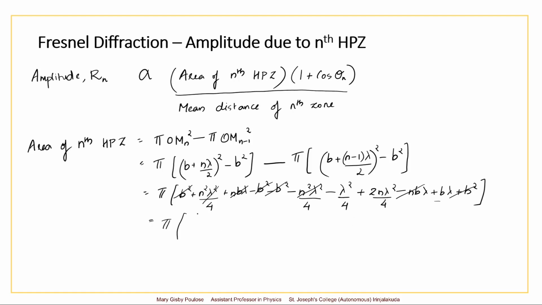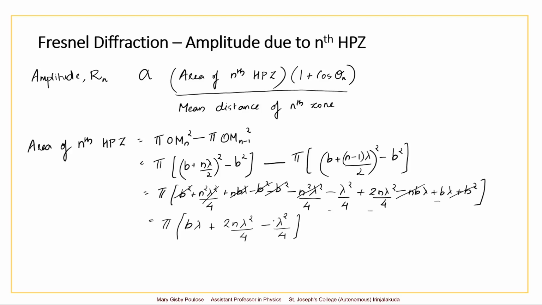And thus we can take the remaining terms and write it as pi of b lambda plus 2n lambda square by 4, then minus lambda square by 4.